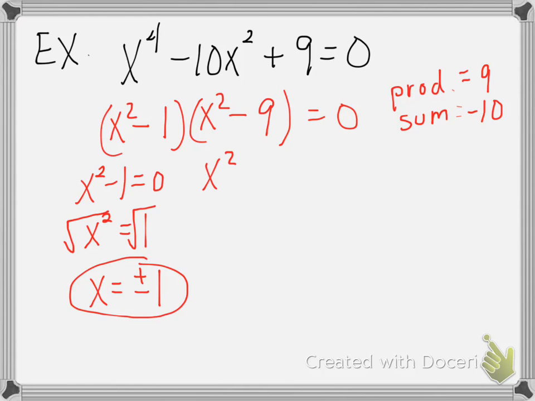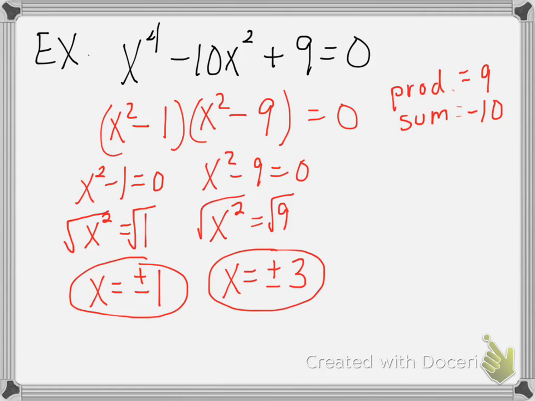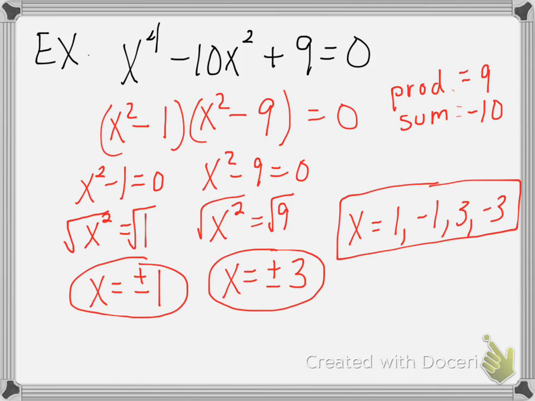Same thing with this one. Add 9 to both sides, take the square root, and x equals plus or minus 3. So you actually have 4 answers here. You have 1, negative 1, 3, and negative 3. I don't care if you want to write it with the plus or minus or split it out. Either way, I just want you to understand that plus or minus represents two different answers.